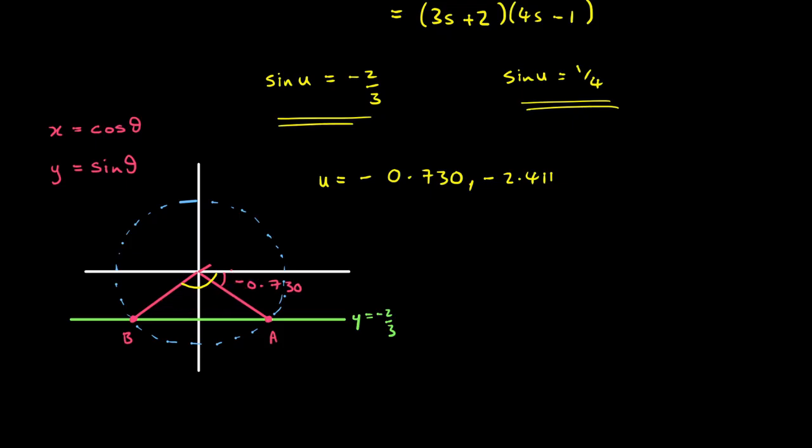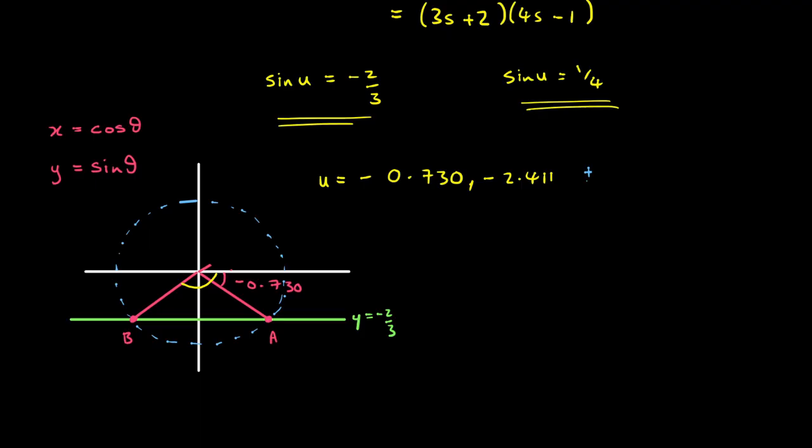And we also need to recognize that, let's imagine I've got this point and I go round the circle an angle of 2 pi, I get back onto the same point. The same thing with B, if I go round by 2 pi, I get back onto the same point. So I can take both of these answers here.